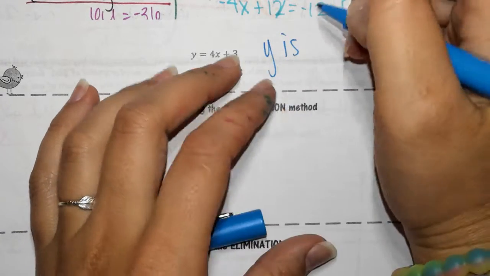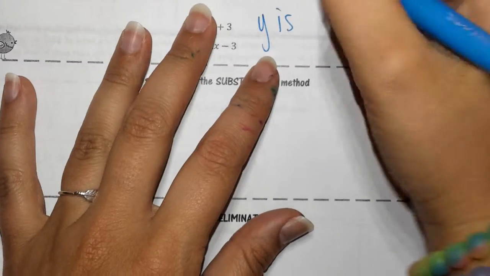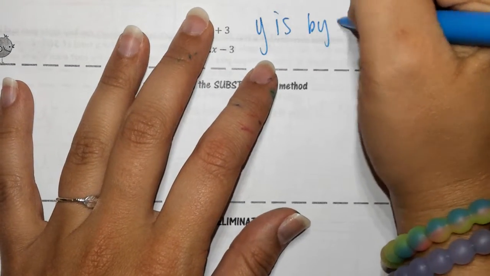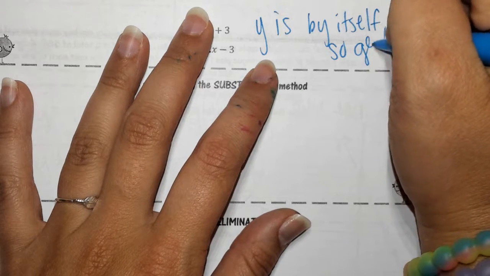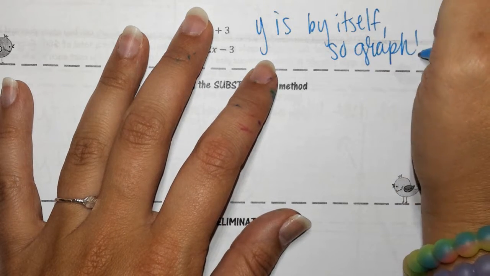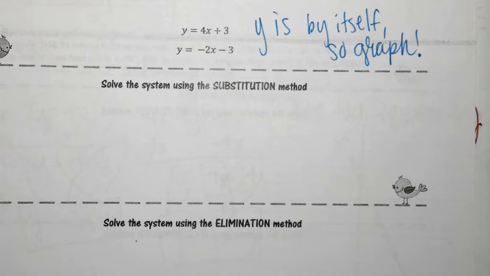Did you bleed all over it? Yeah. Did you get shot in the streets? Mhm. That's terrible. I know it. Y is by itself, so graph. See what can happen, folks. Why were you carrying your math stuff when you were getting shot in the streets? You were doing your homework and they didn't want you to do your homework?